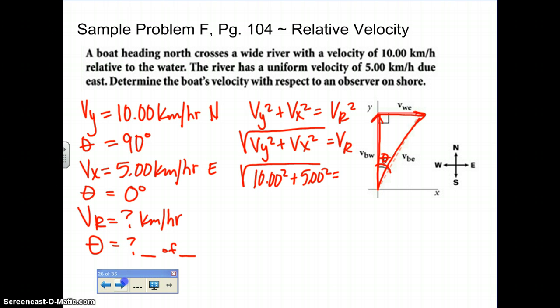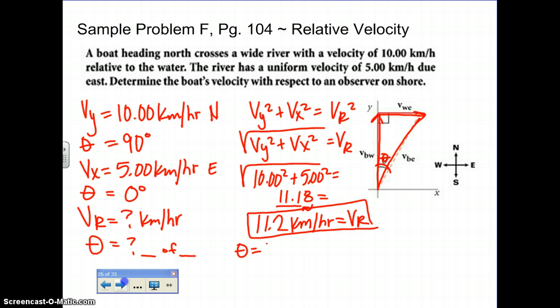You should get 11.18. Looking at your givens, you want 3 sig figs from your 5.00. So your 3 sig figs, the 8 rounds that one up. So you really have 11.2 kilometers per hour for your v sub r.